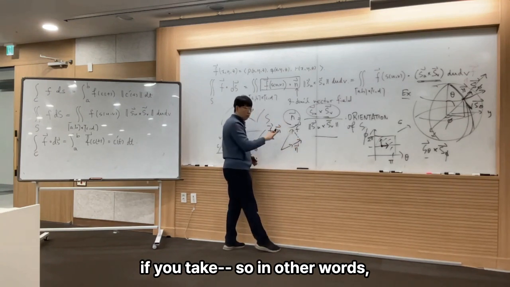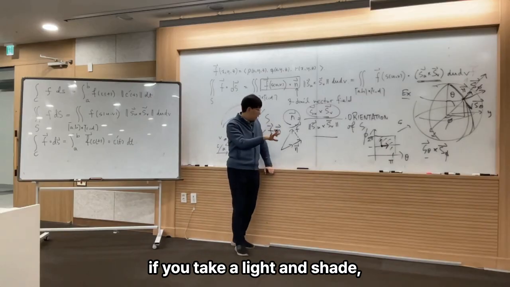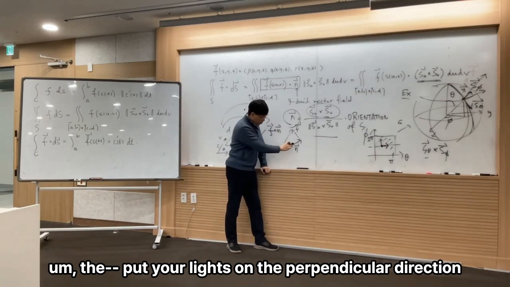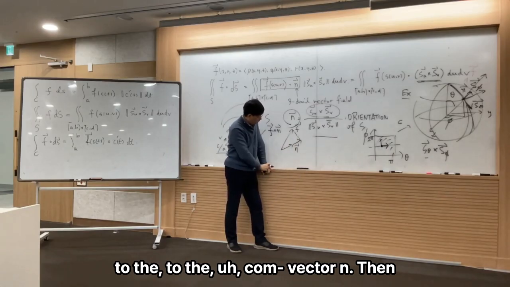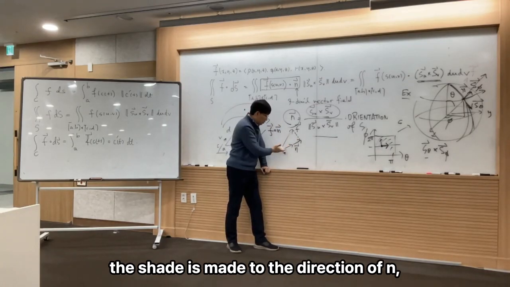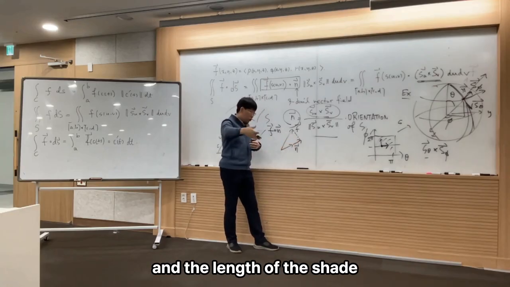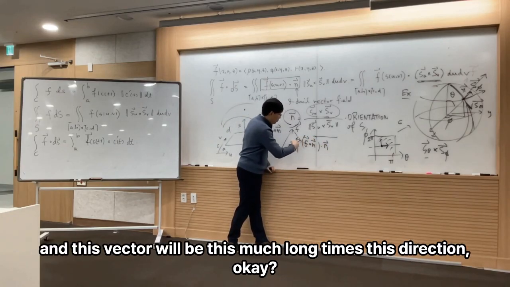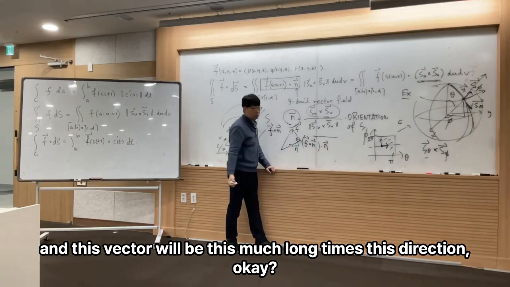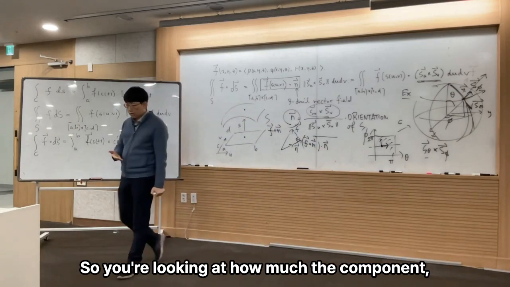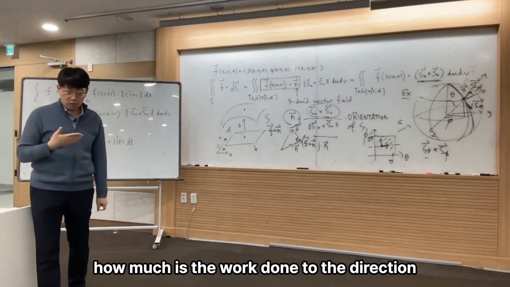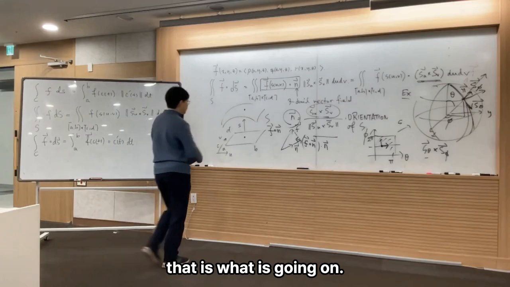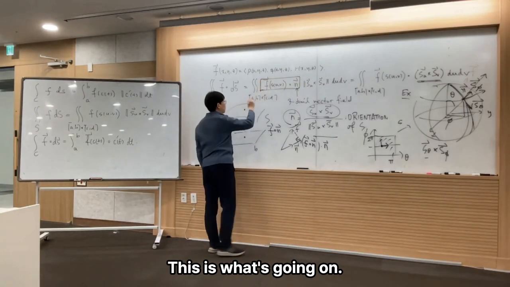In other words, if you take a light and put it in the perpendicular direction to the vector n, then the shade is made in the direction of n, and the length of the shade is going to be exactly f·n, and this vector will be this much long times this direction. So you're looking at how much is the work done in the direction of your unit vector n. That is what is going on.